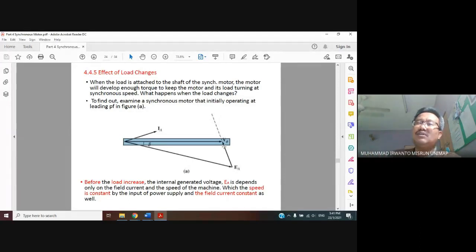And then in the phasor diagram, the phase voltage is the reference. I always repeat about this one. The phase voltage always has the angle of 0 degree. After that, you can draw the armature current.